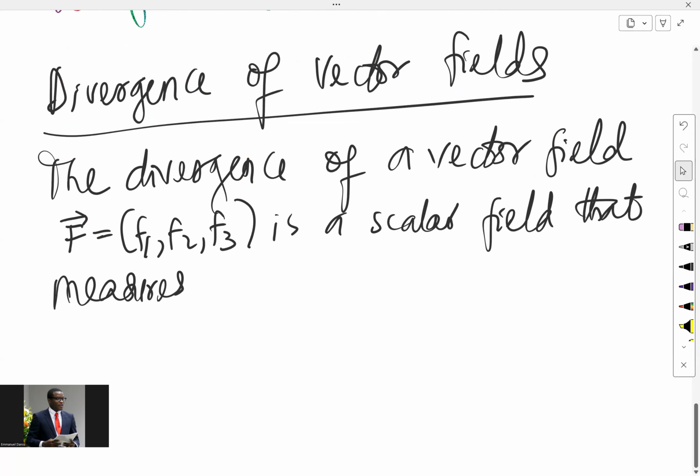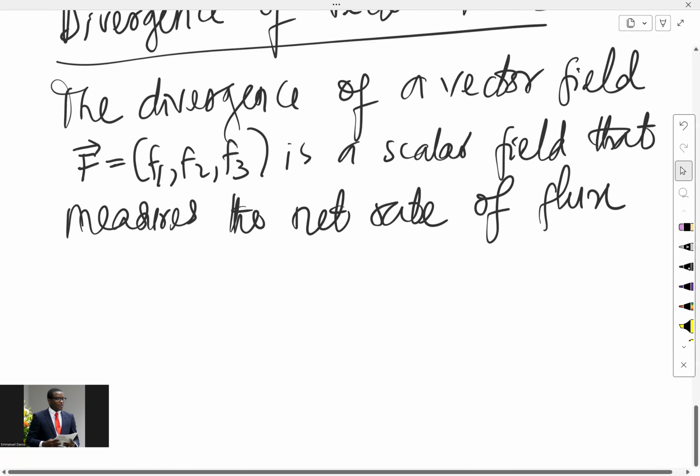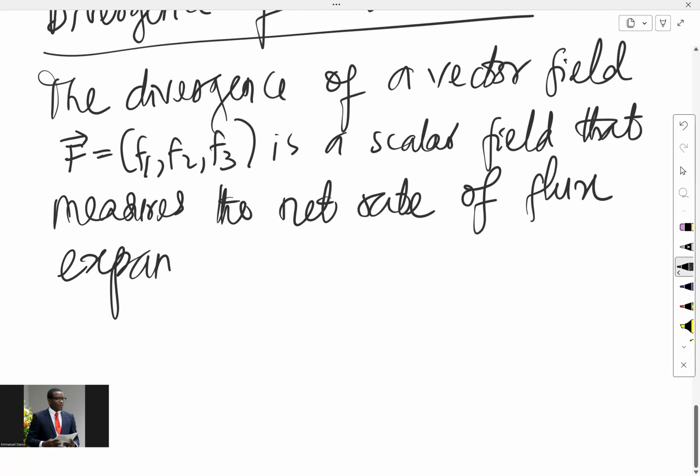All right. So the divergence of a vector field is a scalar field that measures the net rate of flux expansion or contraction at a point.